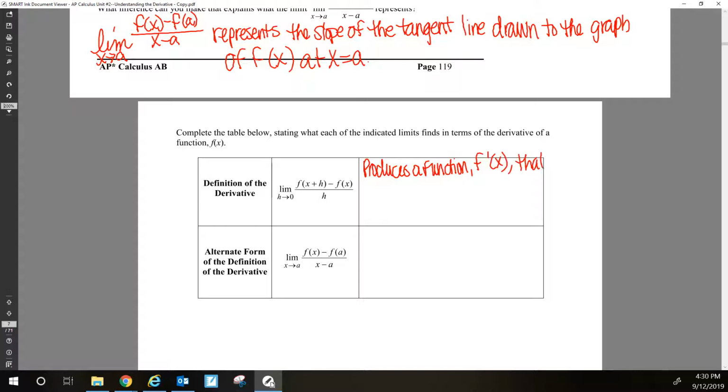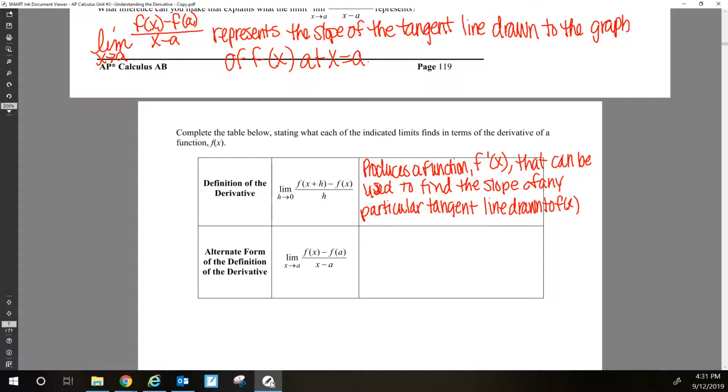That can be used to find the slope of any particular tangent line drawn to f of x.